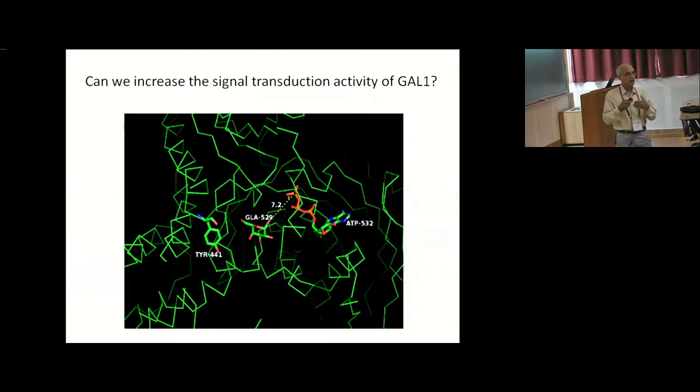So what we argued was, GAL1 goes through dynamic conformational changes. During these conformational changes, the distance keeps going back and forth. So if it becomes more than 7.2, it functions as a signal transducer. If it becomes less than, let's say, 5 or 6, it functions as a catalytic molecule.